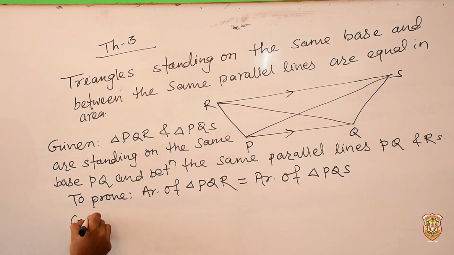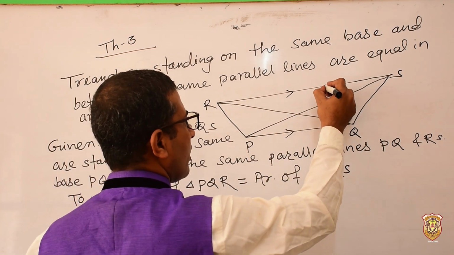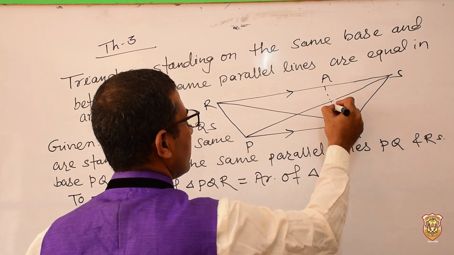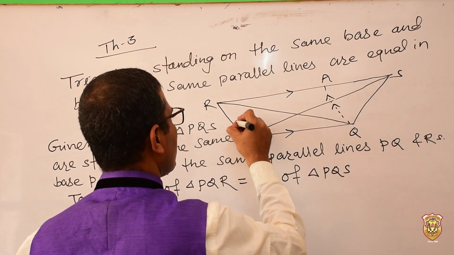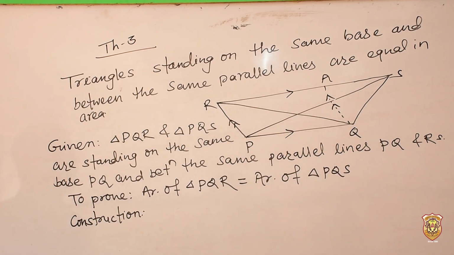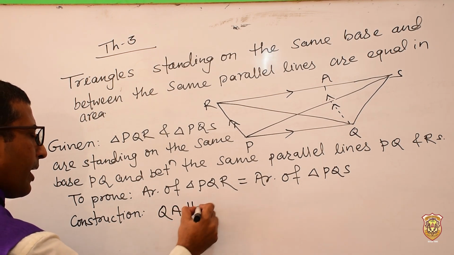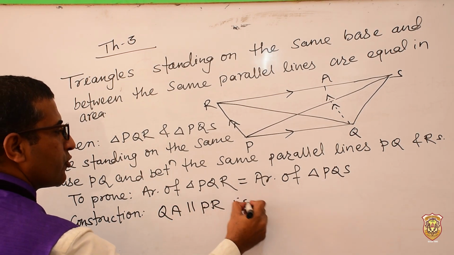For this we will do the construction. In construction we will draw a line parallel with PR, that is QA is parallel with PR. QA parallel PR is drawn.